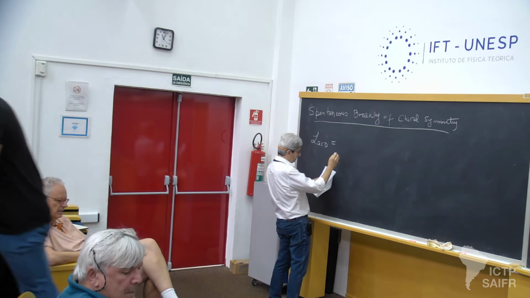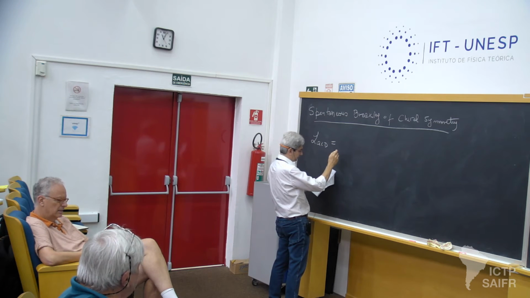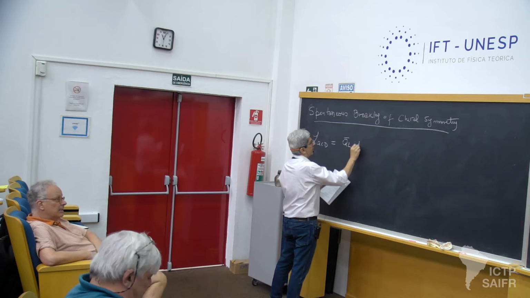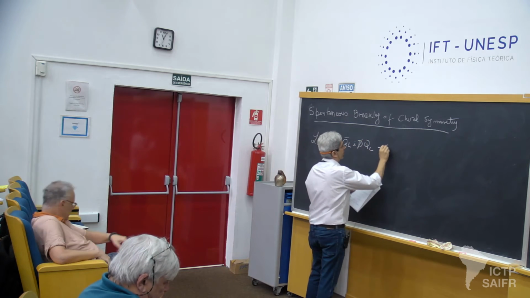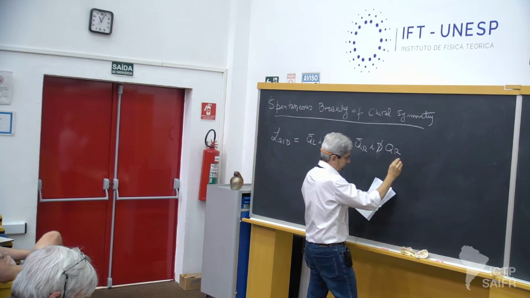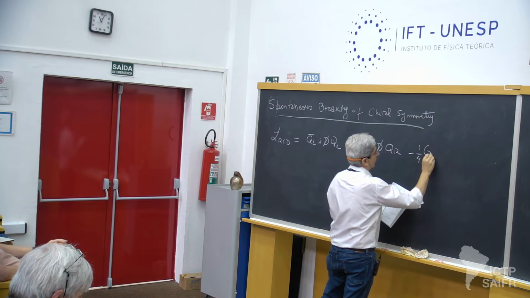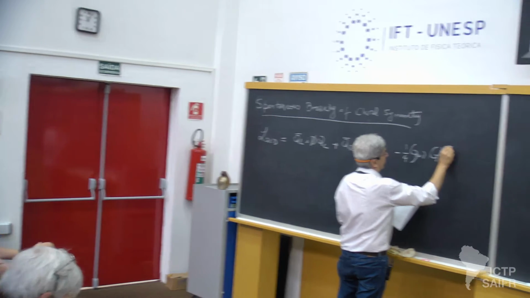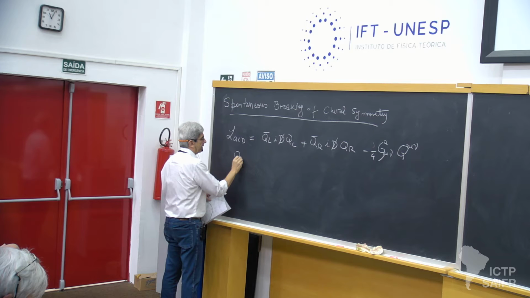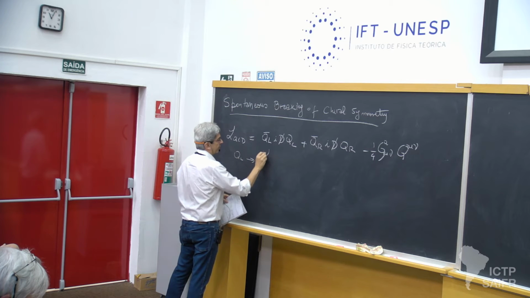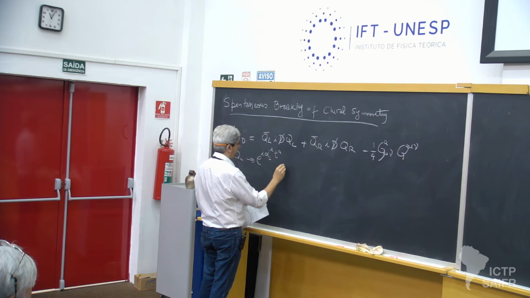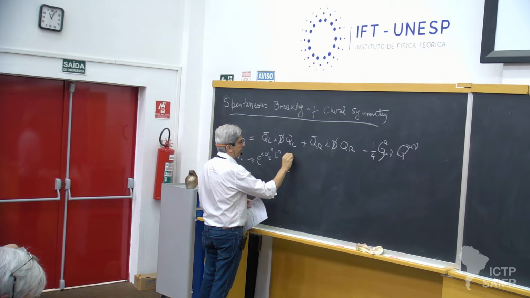In the limit of massless QCD with two flavors, we had this Lagrangian of QCD, invariant under these SU2 transformations. I'm just going to put both of them at the same time.